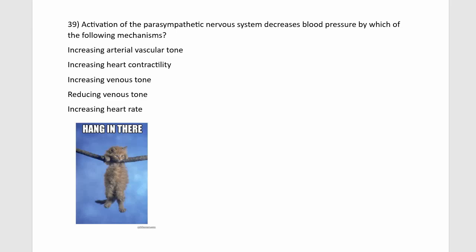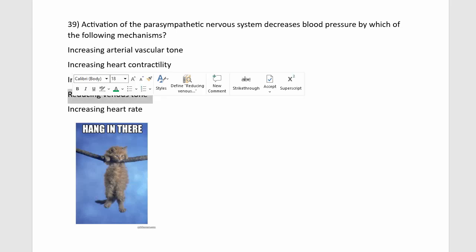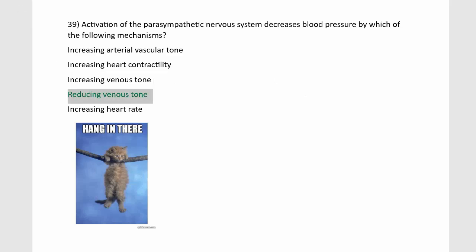Really, even if you forgot which way round parasympathetic and sympathetic was, just pick out the odd one out, because you can kind of tell that all of these are going to increase blood pressure, only one of them is going to decrease it. So a reduction in venous tone is going to decrease blood pressure, and all the rest of these would have the opposite effect.